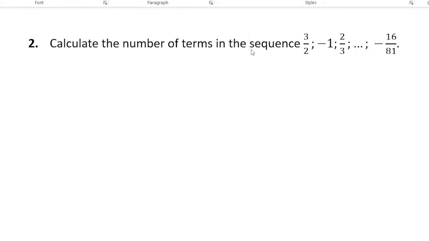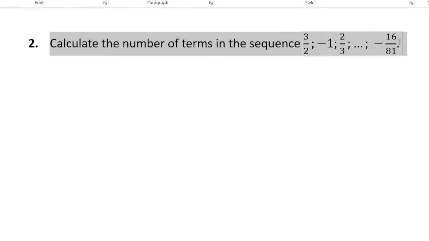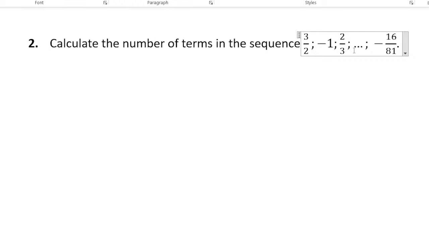Based on observation, you have to decide whether it's arithmetic or geometric, then apply the principles of an arithmetic sequence if it's arithmetic, and of a geometric sequence if it's geometric. You have 3 minutes to find the solution: 3 over 2, negative 1, 2 over 3. Let's get started.